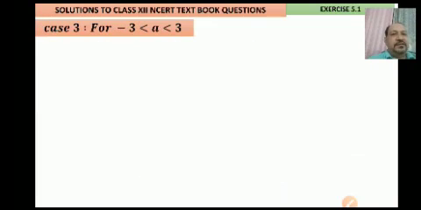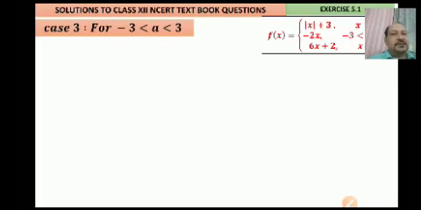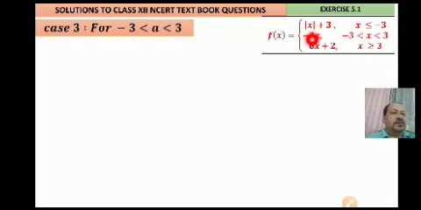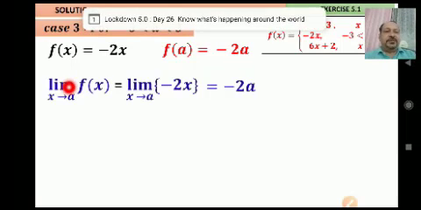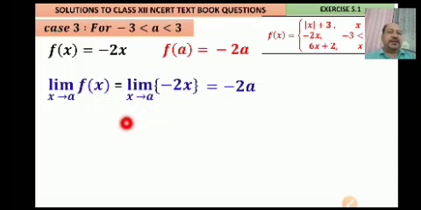For case 3, for a greater than minus 3 but less than 3, the definition of the function is minus 2x. When x lies between minus 3 and 3, f of x equal to minus 2x, f of a equal to minus 2a. So limit x goes to a, f of x equal to limit x goes to a, minus 2x, which is equal to minus 2a.